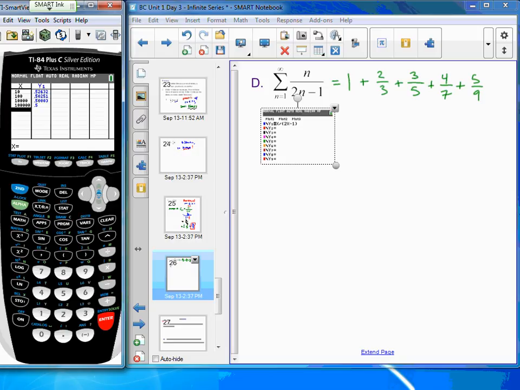Do the term values converge? Yes, they do. They converge, and what value do they converge to? 1/2. Let's see. So the term values converge. Does the series converge?